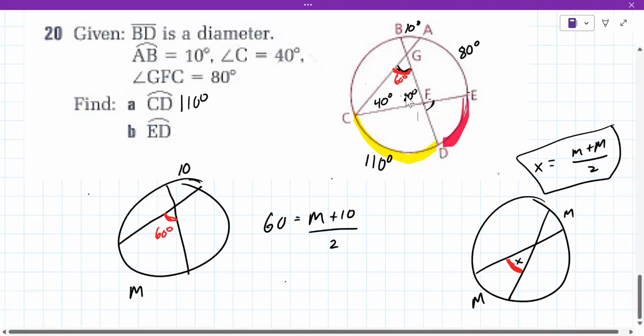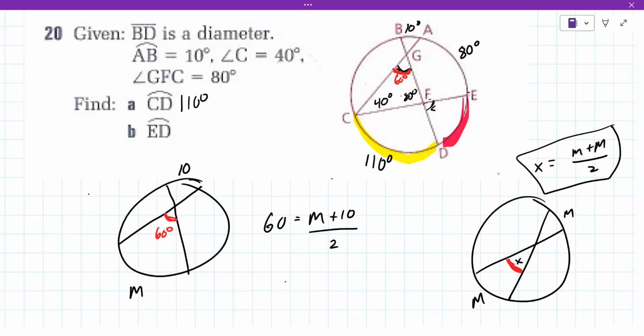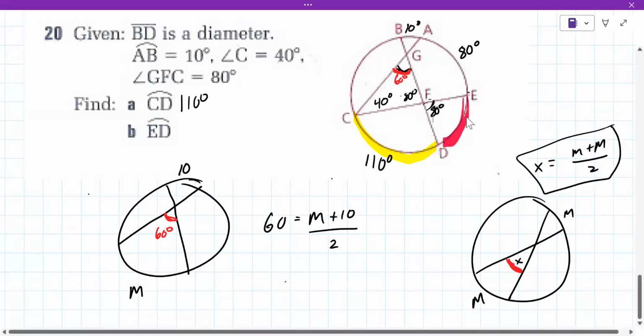Yes. It's a vertical angle also. 80 degrees because vertical angles are congruent. So that's good. Now we really want to know D to E. And you can sort of see that's related to this B to C by the same thing.